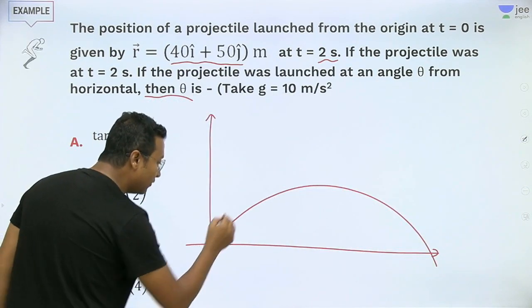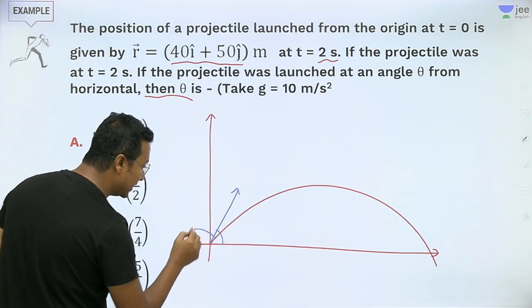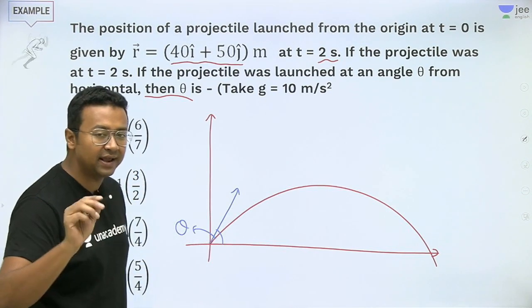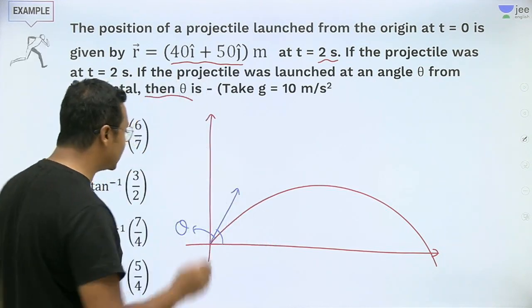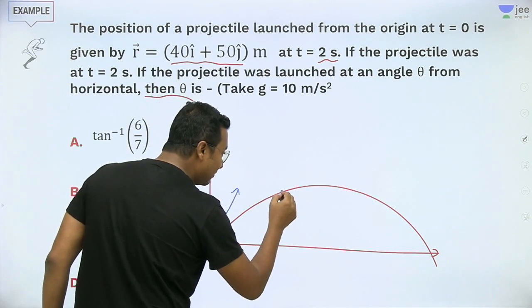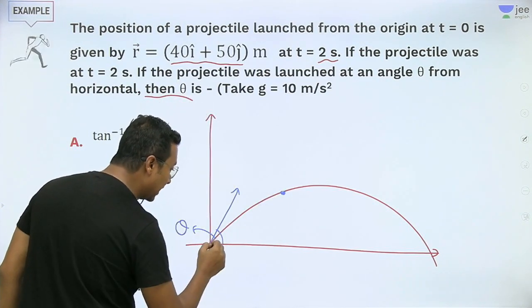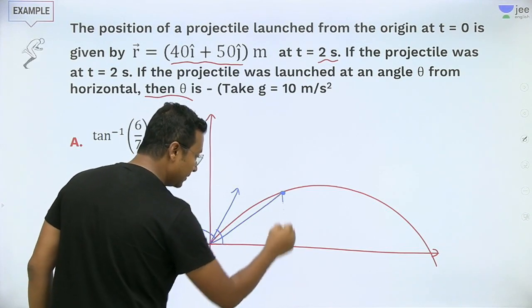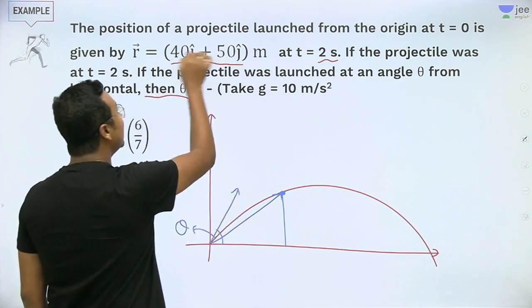at an angle of theta. So this angle here is equal to theta. Listen to it very carefully. Now, after time t equals 2 seconds, where was the particle? Let's say the particle was somewhere out here, and this had a position vector. So this was the position vector of the particle, and it is given by 40 i cap.